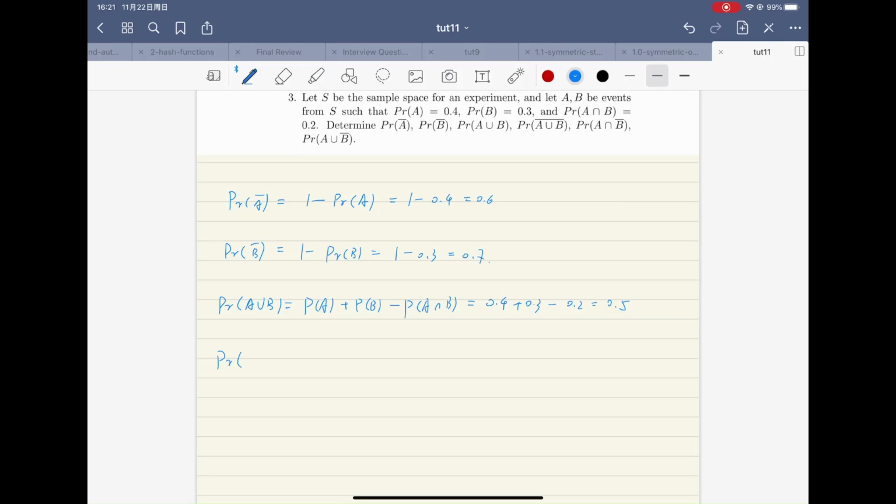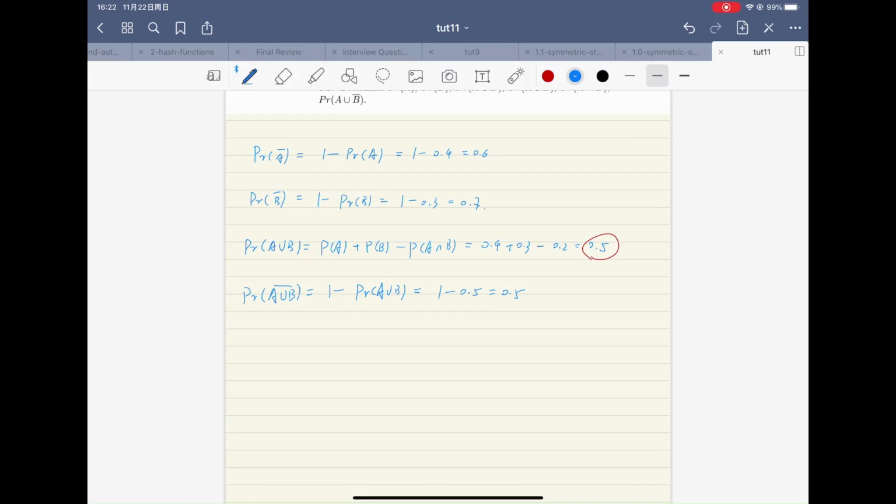And we have the probability of the complement of A union B. Well, similarly, if you want the complement of something, you just use 1 minus the probability of that event. So we have 1 minus the probability of A union B. We got 1 minus 0.5 is 0.5, right? Because we calculated the probability of A union B as 0.5 in the last step.